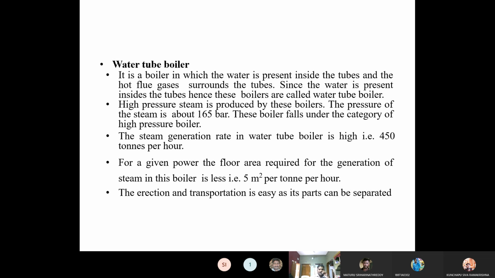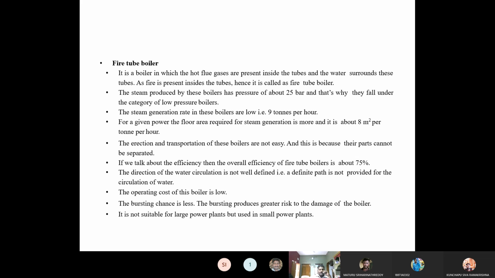So the requirement of area per ton per hour is 5 square meters. If we increase the tons of steam generation, floor space also increases. The erection and transportation is easy as its parts can be separated. Okay, this is the information regarding water tube boilers.